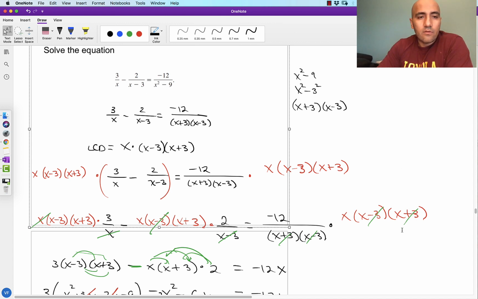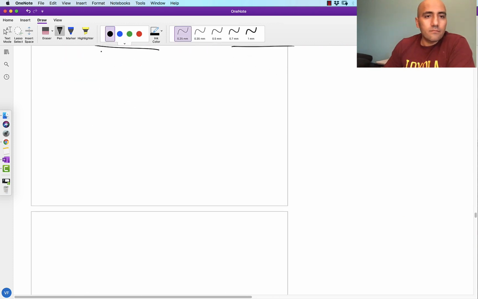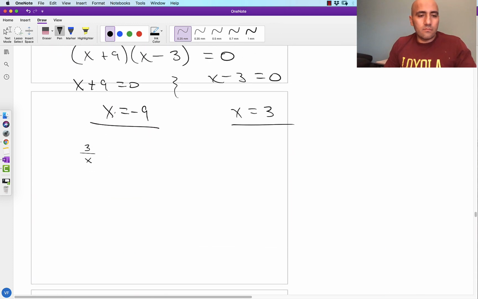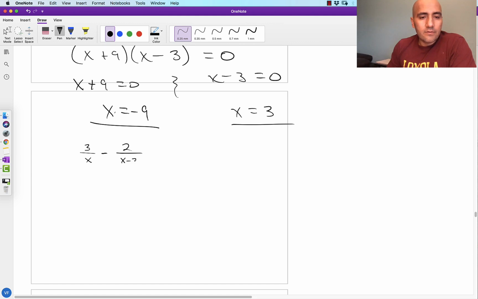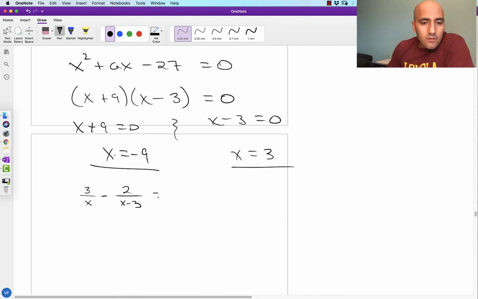So we have 3 over x minus 2 over x minus 3, and then negative 12 equals negative 12 over x squared minus 9.